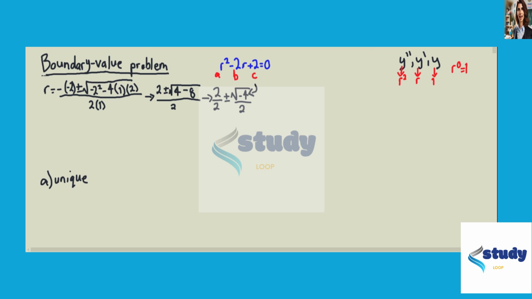So now that we know that we will be using what the book calls a case 3, let's finish simplifying. 2 divided by 2 is 1, plus or minus the square root of -4 is 2i. So we're going to have 2i over 2, which is 1. So we will have 1 plus or minus 1i.